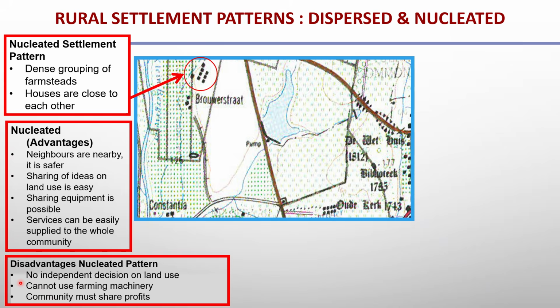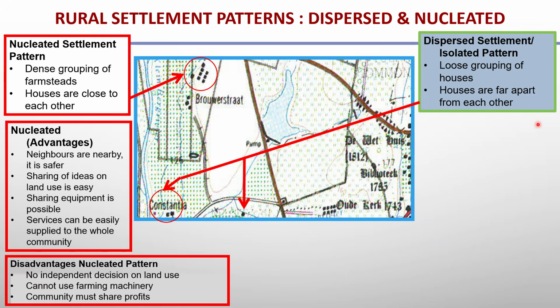Remember, now you have to consult everyone before you use the land. You cannot use farming machinery freely. Communities must share in the profits. You see, now there's a lot of people sharing in the profit. That's why we're telling you that nucleated settlements have smaller profits, whereas our dispersed settlements have larger profits.